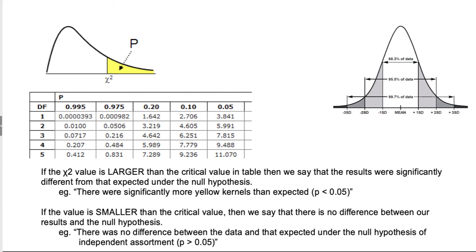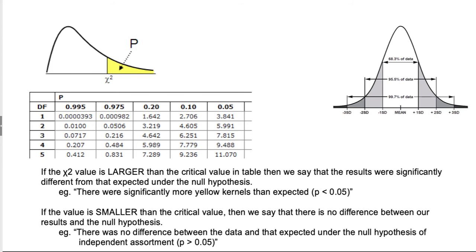When we did the chi-square test, we compared our observed chi-square value with a value of 3.84. Where does that number come from? Well, if we look at a chi-square table, we can see that there are a number of rows and a number of columns. Let's look at the columns first.